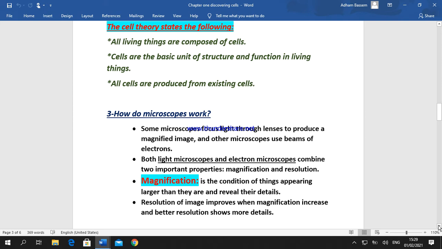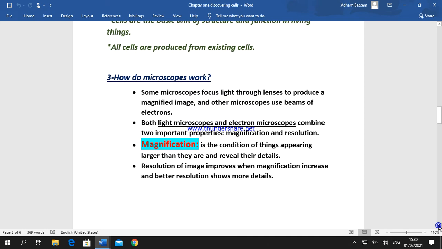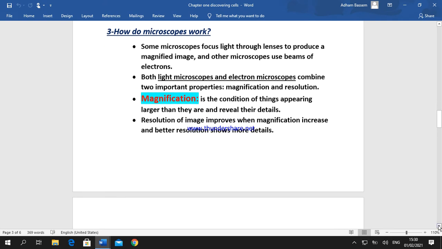Magnification means things appearing larger than they are, while resolution means showing their details. Resolution of an image depends on the power of magnification. If the magnification increases, the resolution of the image will improve, and when we obtain a better resolution, we have more details about the things we are examining.